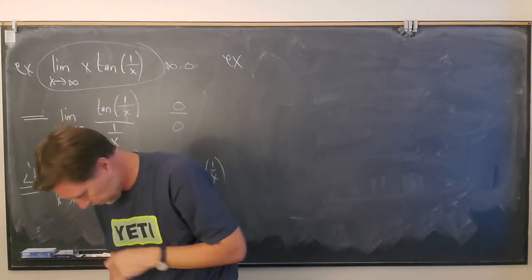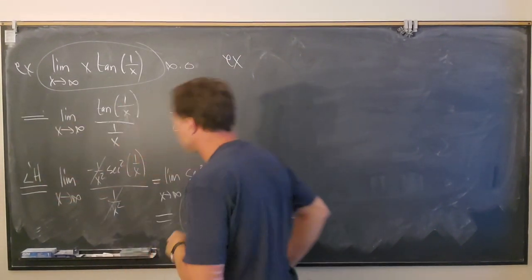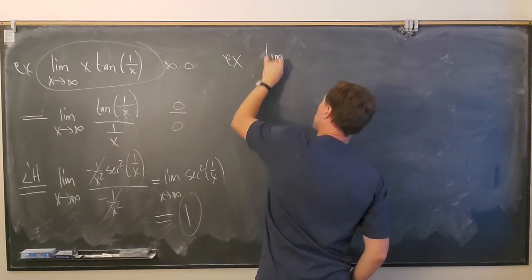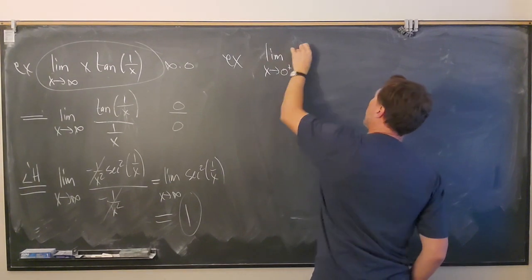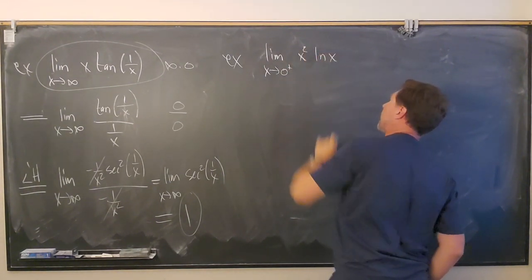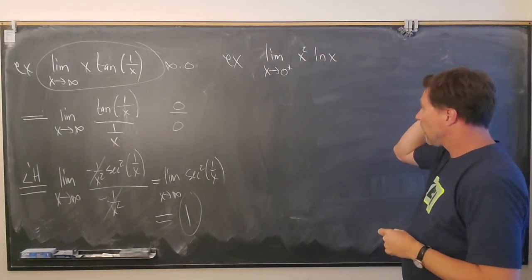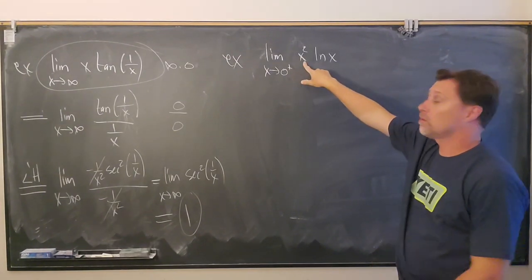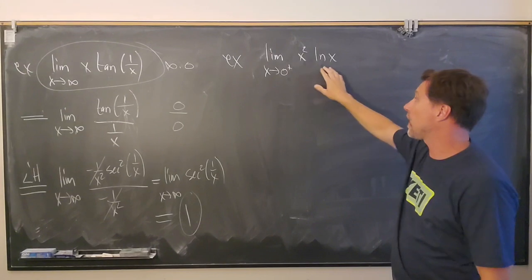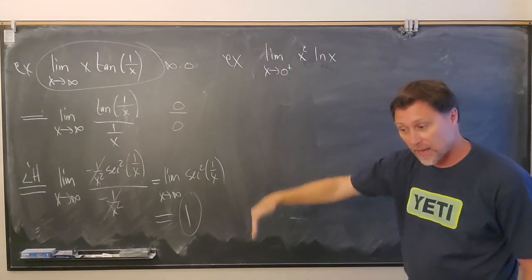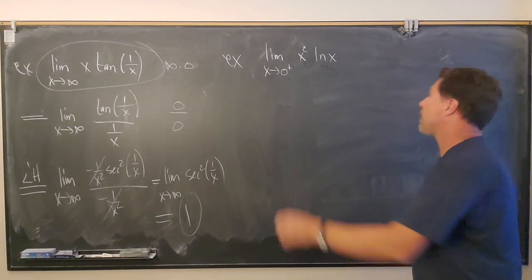Next example, the limit as x approaches 0 from the positive side of x squared times natural log of x. As x approaches 0, x squared is approaching 0. As x approaches 0 from the positive side, natural log of x has a vertical asymptote, so it's approaching minus infinity.